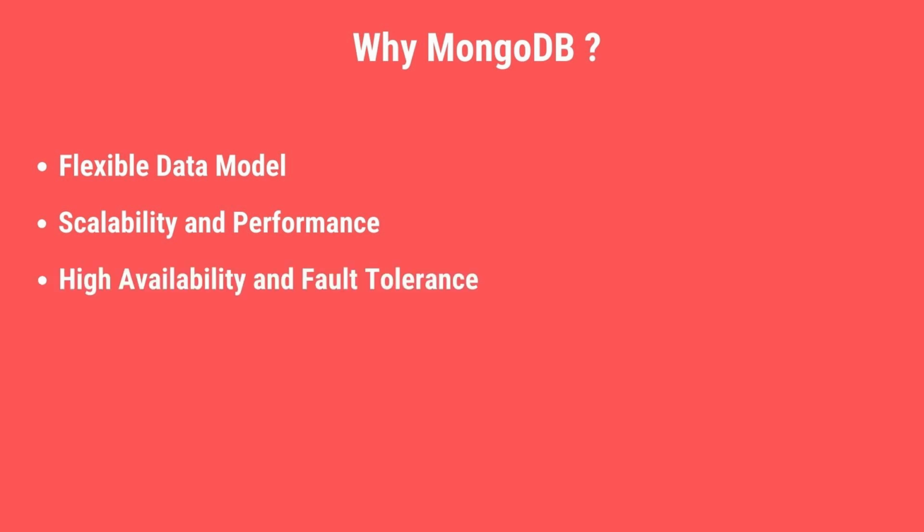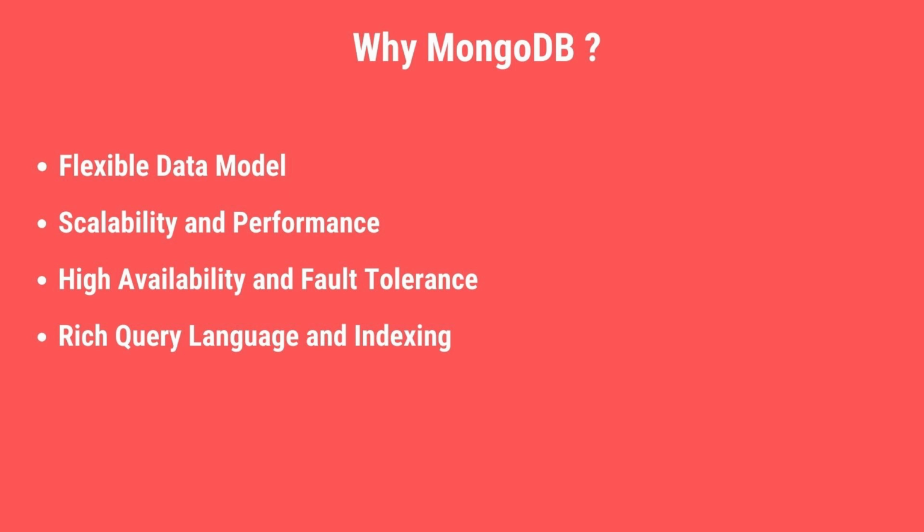High availability and fault tolerance. MongoDB provides built-in replication and automatic failover capabilities, ensuring data availability and reliability in the event of hardware failures or network partitions. This ensures continuous operation and minimal downtime for applications.